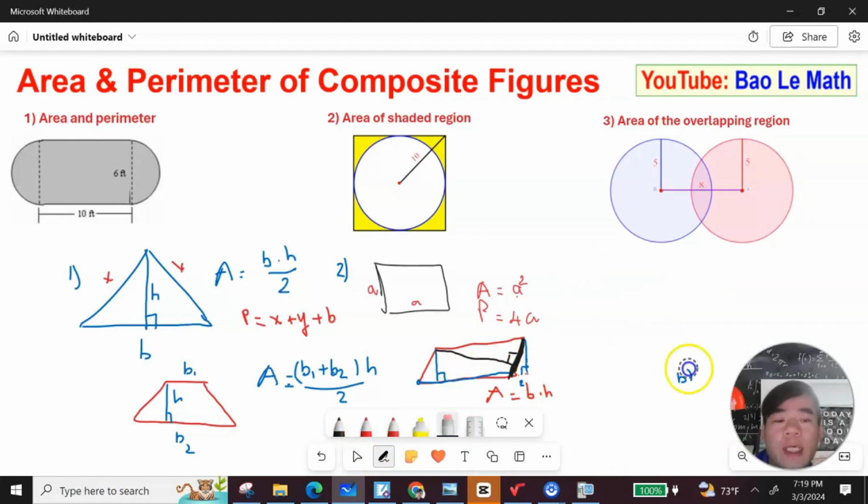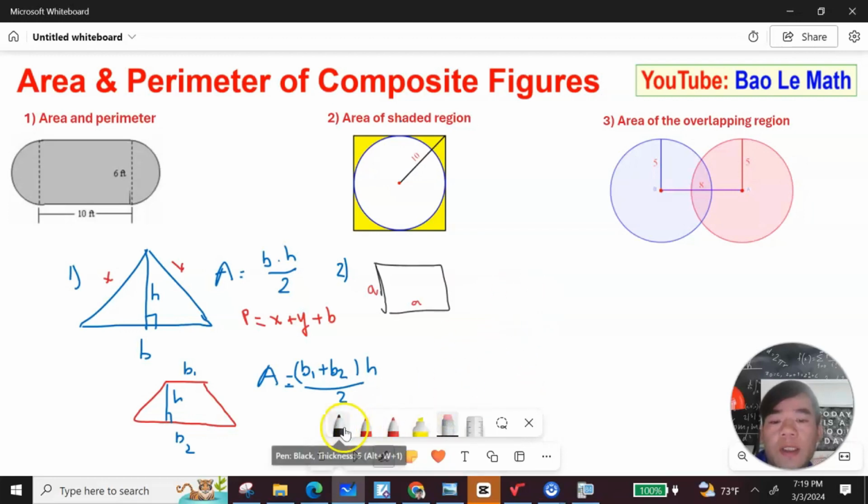Let me erase this first. Okay, I have the parallelogram right here.